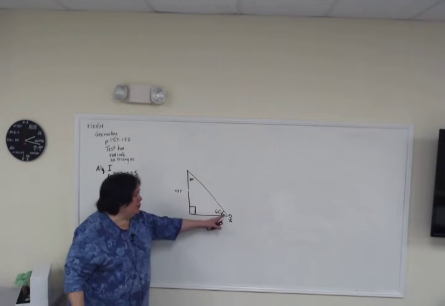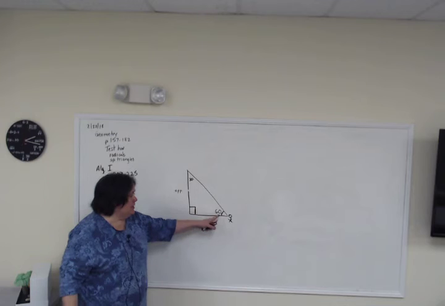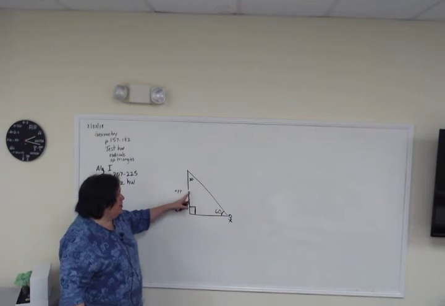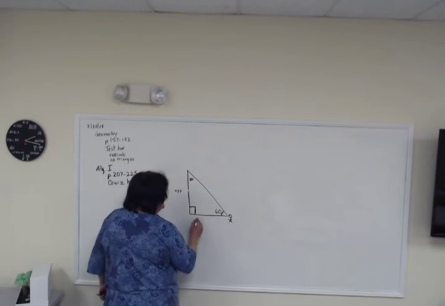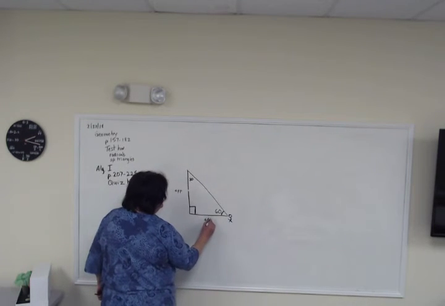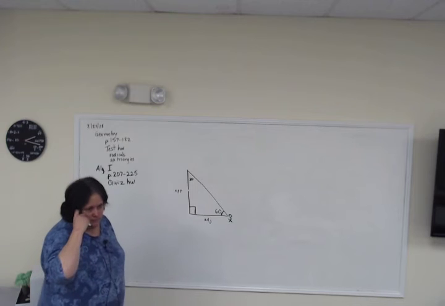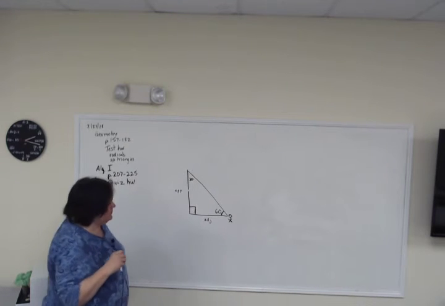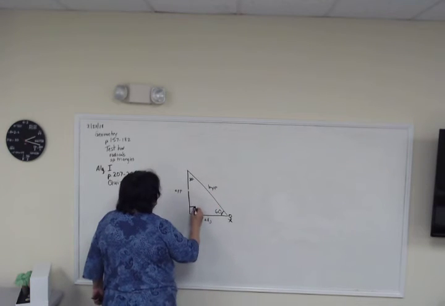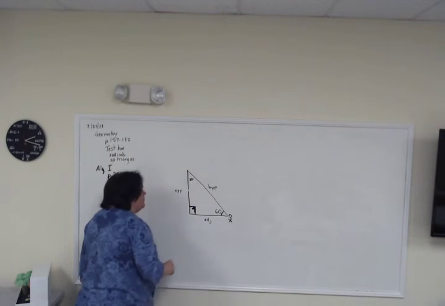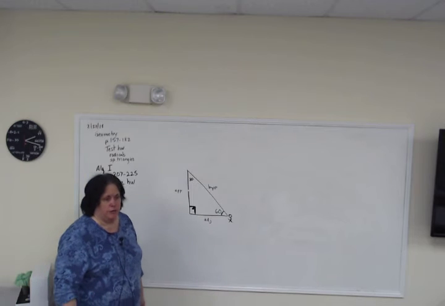It's opposite of where you're standing. This side is adjacent to you. It's next to you. The slanted side, across from the right angle, is the hypotenuse.